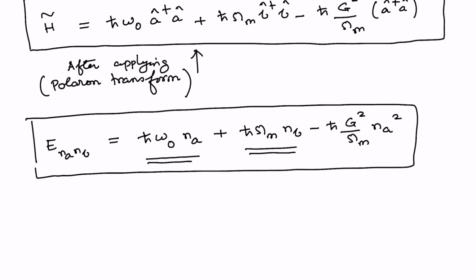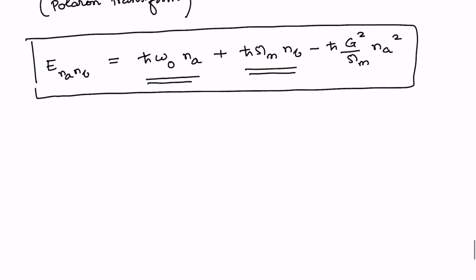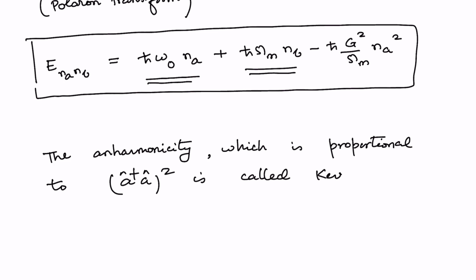This anharmonicity, which is proportional to A dagger A whole square, is called Kerr nonlinearity.